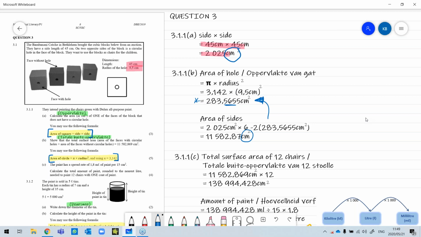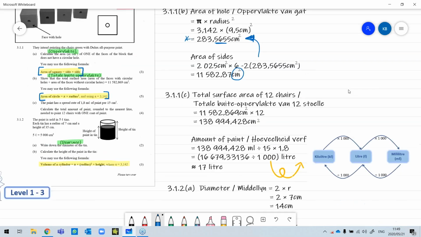Question 3.1.1. And this is for C. The paint has a spread rate of 1,8 milliliters of paint per 15 square centimeters. Calculate the total amount of paint rounded to the nearest liter needed to paint 12 chairs with 1 coat of paint.